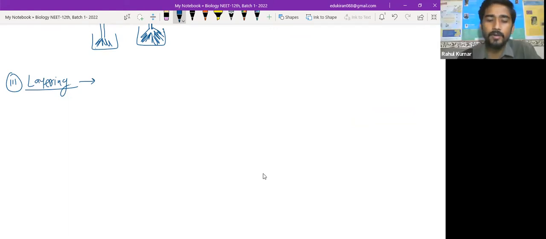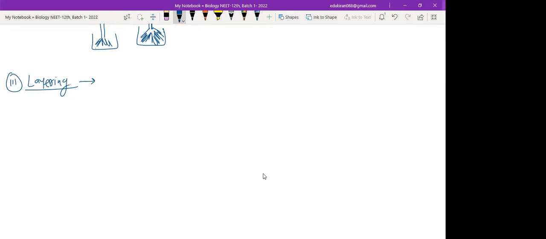For which plants we cannot do it? I think it's just logical. Can we do layering for coconut plant, for that matter? No. Why?